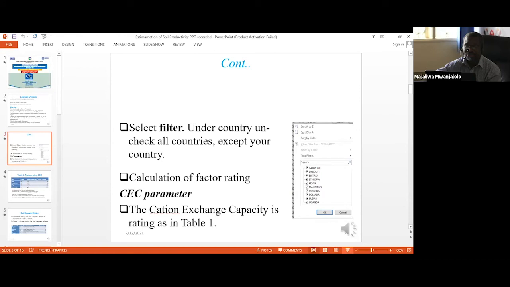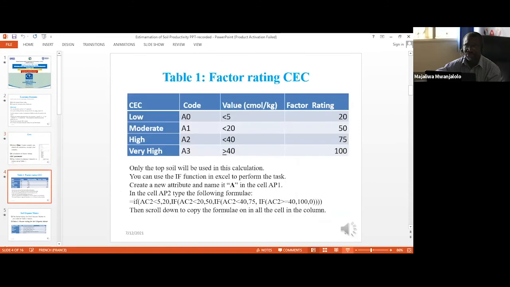Once you filter your country, the next thing is how do we apply the factor rating? To apply the factor rating, you need to create a column for the factor rating CEC, and then use the IF formula, which is provided in the PowerPoint. This formula takes into consideration the different factor ratings we have.